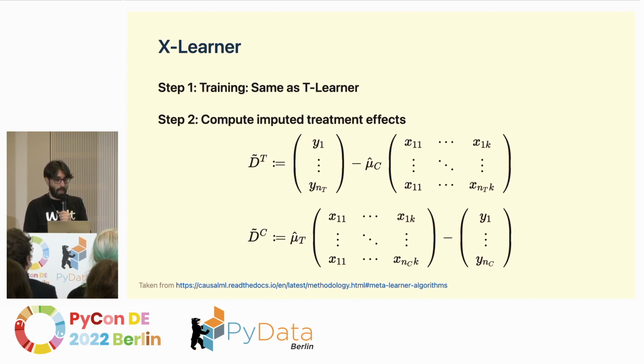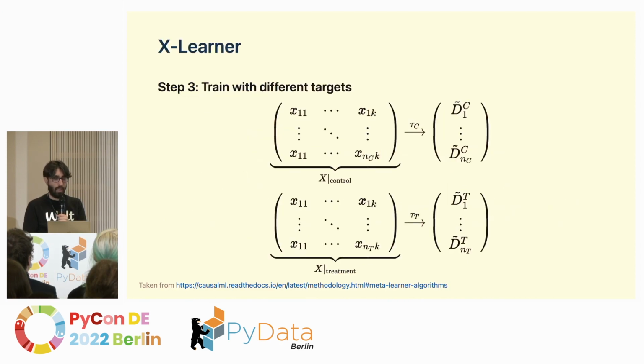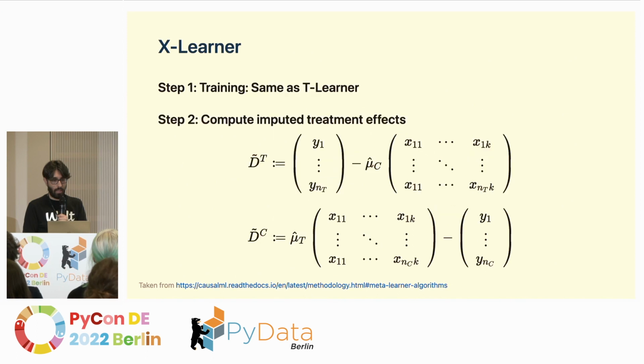So this is what is called the X-learner. The X-learner, in step 1, does the same thing as the T-learner, which is just take the control and the treatment group, and train 2 algorithms on them separately. But at prediction time, we do something different. So first we compute what is called the imputed treatment effects.